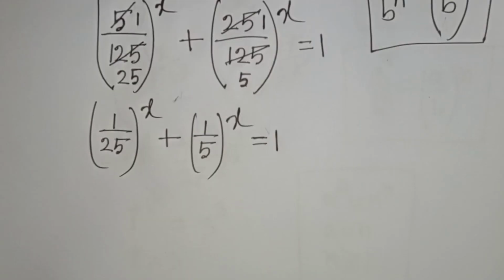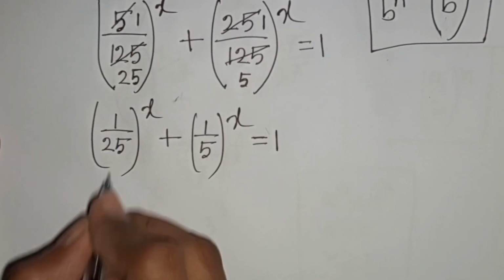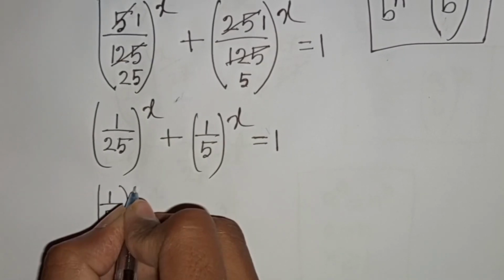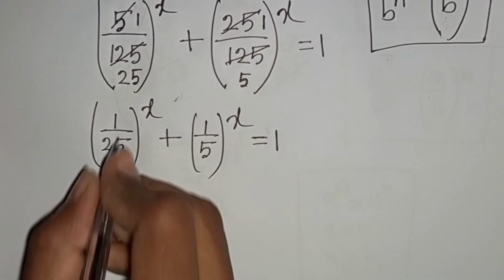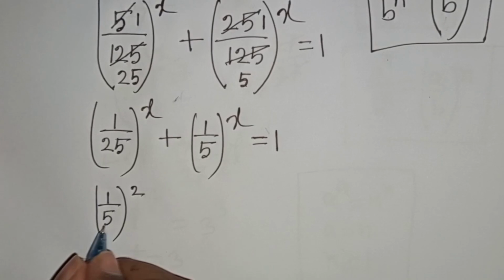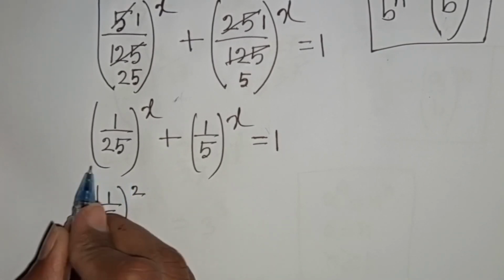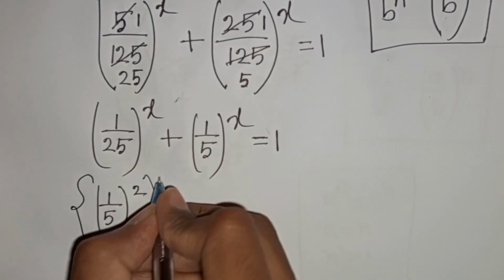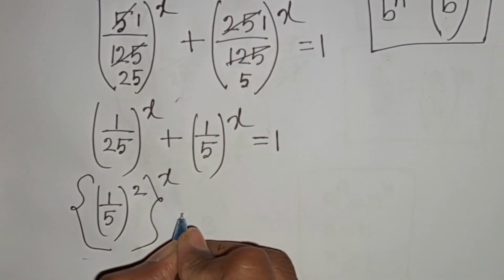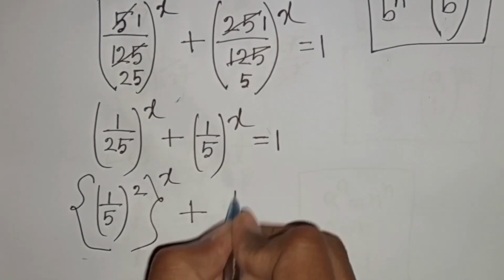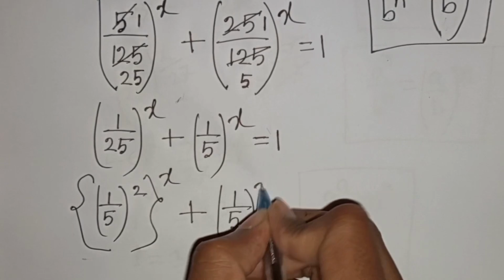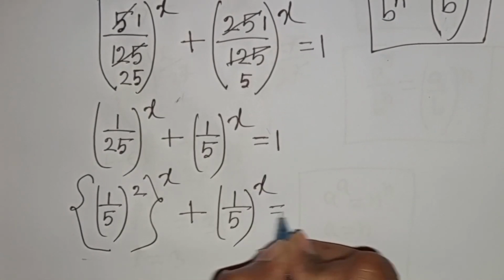Now 1 by 25 can be written as 1 by 5 bracket power 2. 1 over 5 square is the same as 1 over 25. Then the first bracket can be written as second bracket, then power of x, plus 1 by 5 bracket power x is equal to 1.